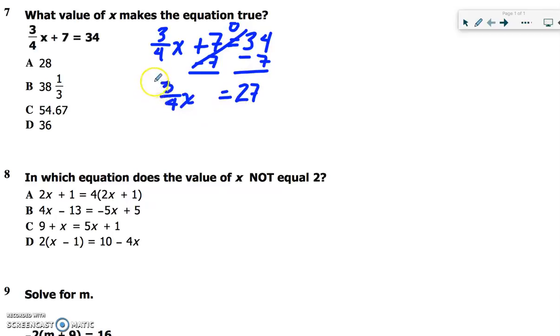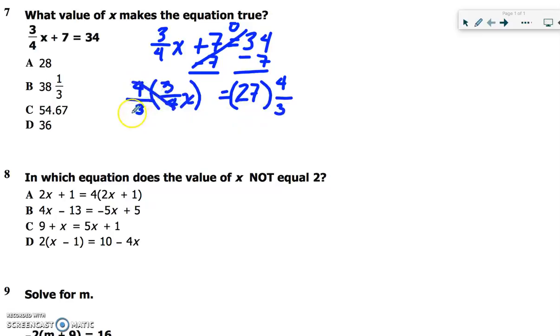Anyway, now I have to undo multiplication with division. I could show you the long way, but in the interest of time, I can do it in class. Dividing by 3/4 is the same thing as multiplying by its reciprocal. So we're going to multiply both sides by the flip. Reciprocal, whatever floats your boat and helps you to remember to get it right, I'm cool with.